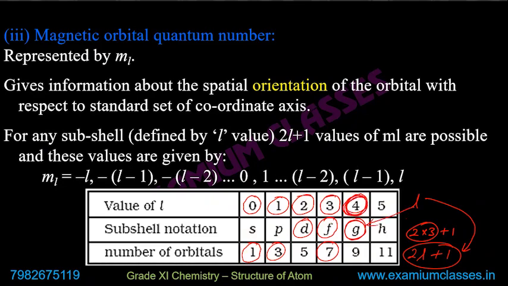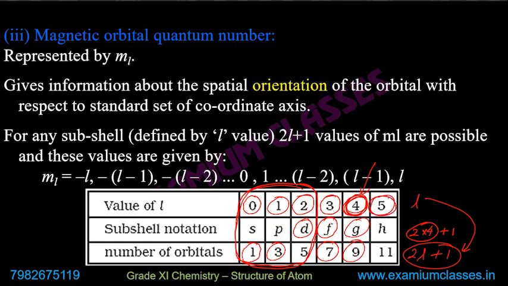Otherwise, these names were sufficient. But based on the value, I can get the number of orbitals. That's why this value is important. So 4 into 2, 8 plus 1, 9. So there will be 9 orbitals in g subshell. We are not going to talk about their shapes. Shapes you need to remember till d only. Sometimes you might get shapes in your paper and be asked questions based on these.